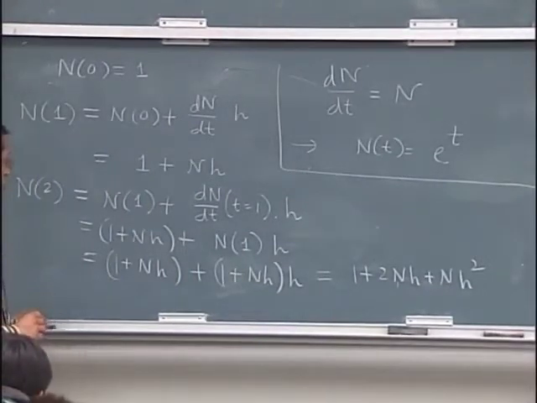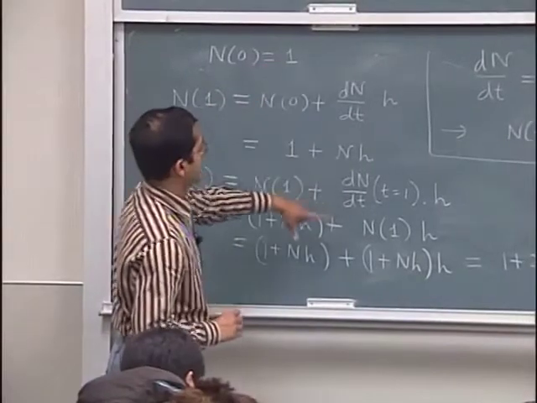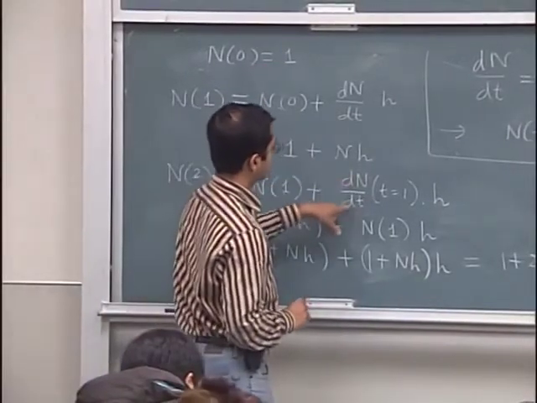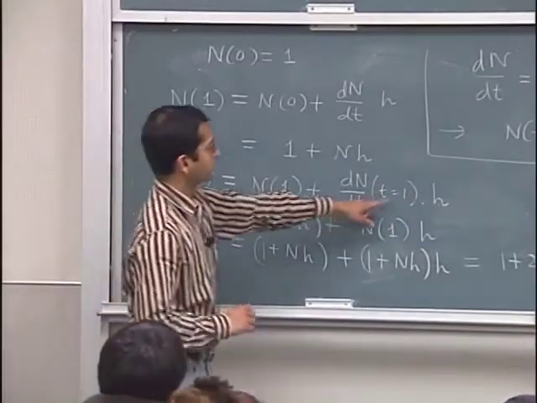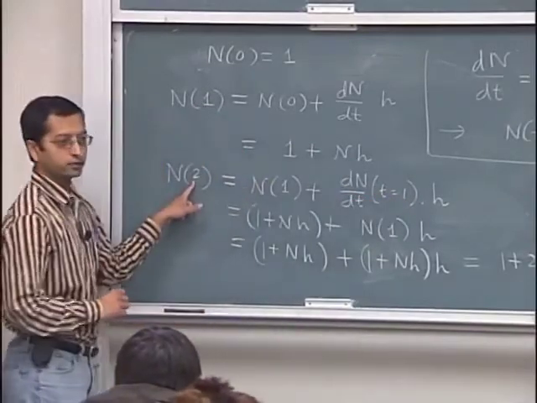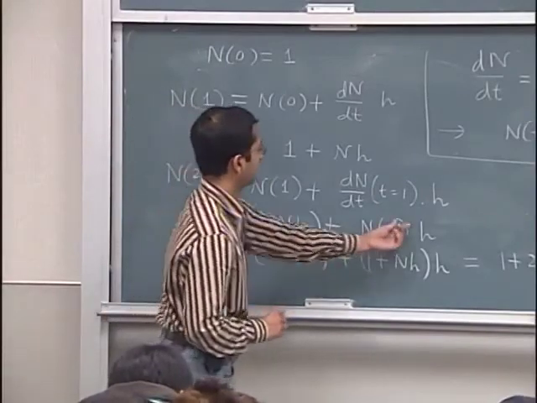Did you follow? So for N2, I have N1, the same formula, and dn/dt at t equals 1. So now my initial time point is 1 and final time point is 2. Okay? So I have 1 plus nh plus n1 times h.